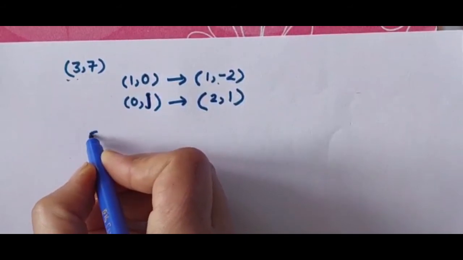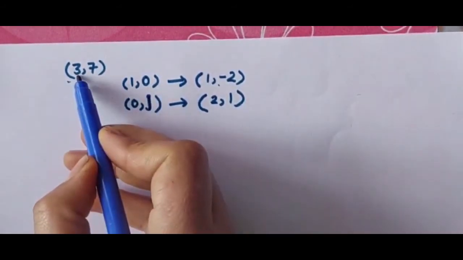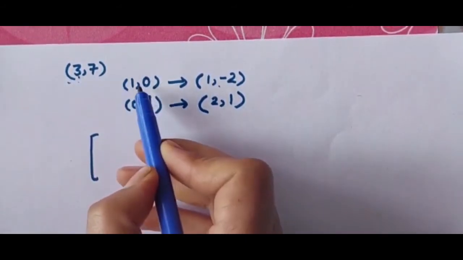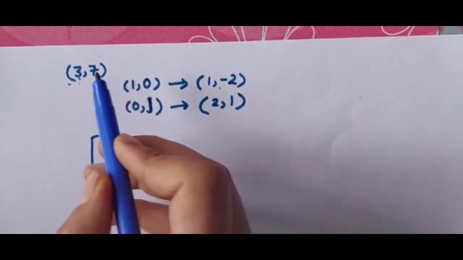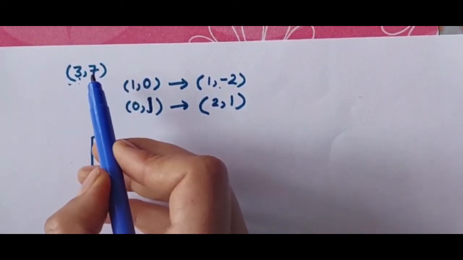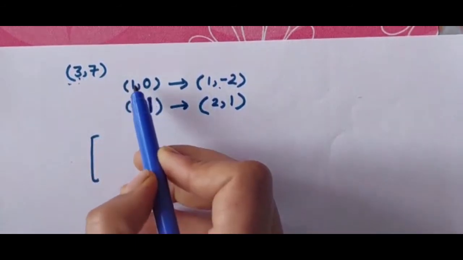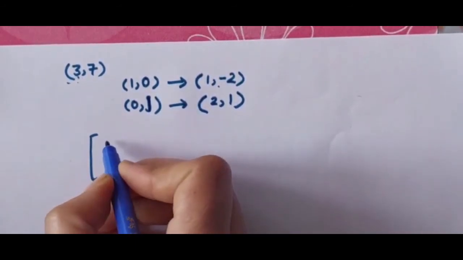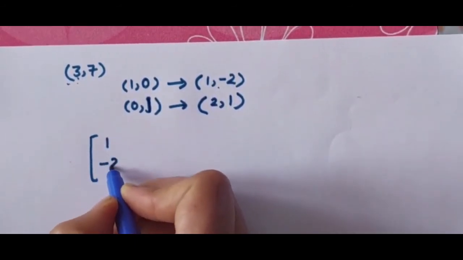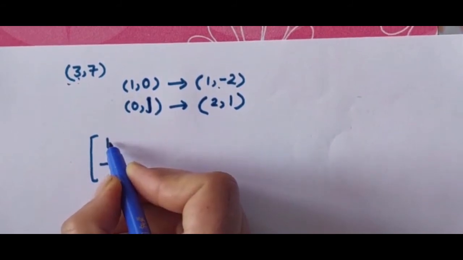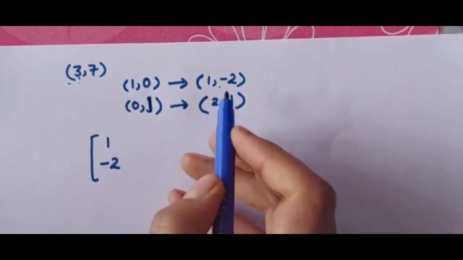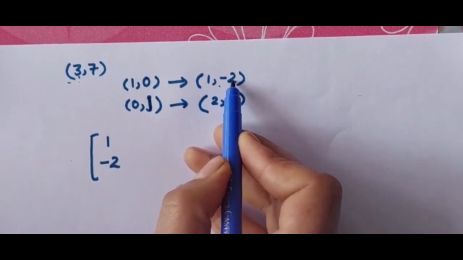As we discussed earlier, this point will be affected by the x coordinates of i hat and j hat, and this point will be affected by the y coordinates of i hat and j hat. So how do we have to write it? So this is the x coordinate of new i hat and the y coordinate of new i hat.